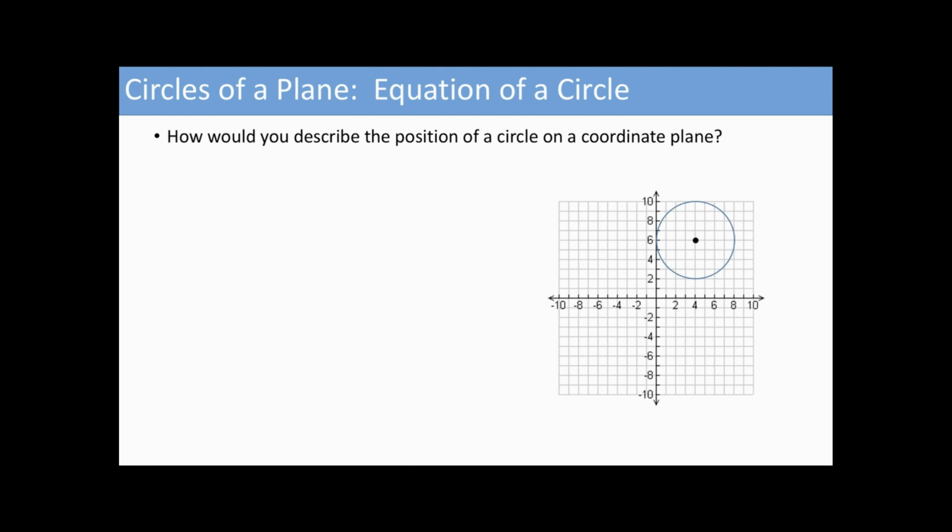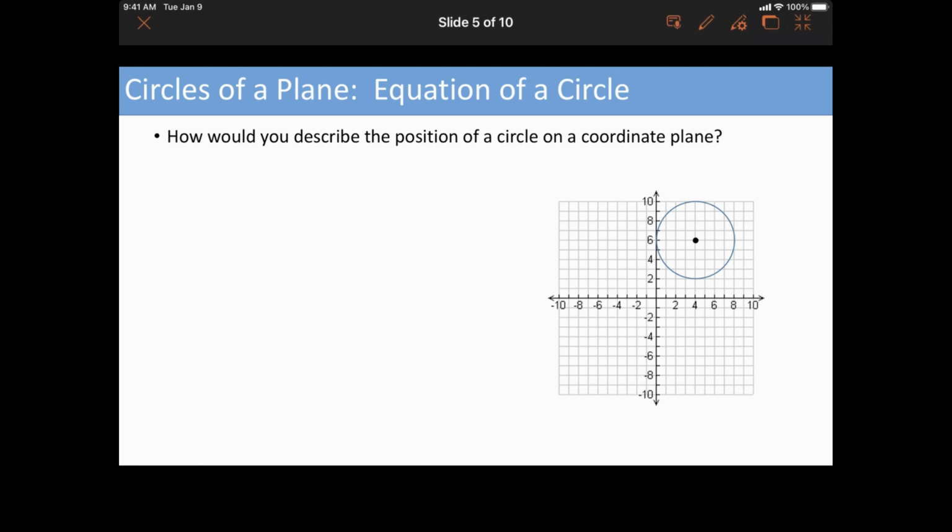Well, the 2 most important things for a circle are, 1, the radius, which tells you how big the circle is, its size. And the other thing is the center. The center tells you the position. All right, so how do we write these two things?